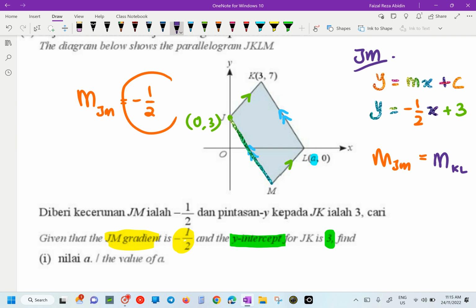Okay. If we have our gradient of JM already just now as -1/2, can I find the gradient for KL? Did we have the coordinate of K? Yes. Did we have the coordinate of L? Yes, a, 0, right?